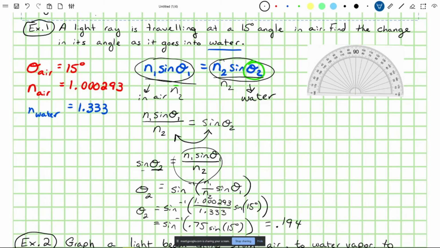Oops, and we're going to take the inverse sine of that, so I need to rewrite that a little bit differently. The inverse sine of 0.194, and I'm just carrying everything along rather than retyping it in my calculator, so there may be some rounding error if you're trying this at home, but it should be approximately equal, and you get 11.19.